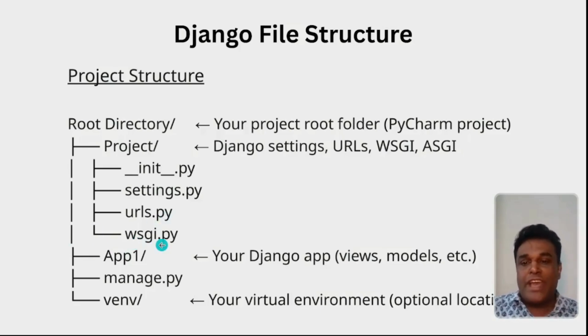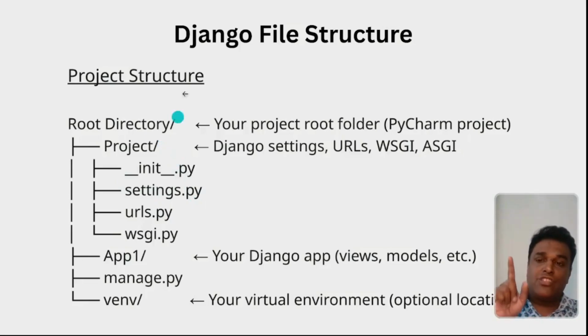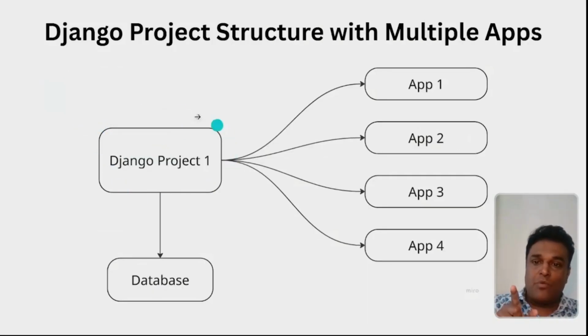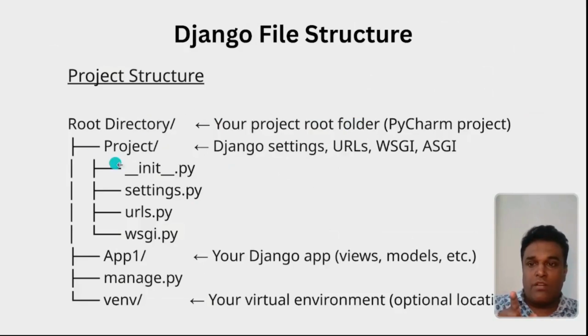And WSGI, that is web server gateway interface. We are not going to do anything with this file, but what we are concerned with is the URLs file and the settings file. We are going to work with these files, because there are certain things that we need to set. Now this project, as I said, if I just go back, this is the project that is this one, the project.